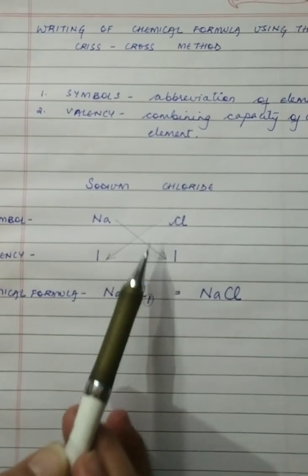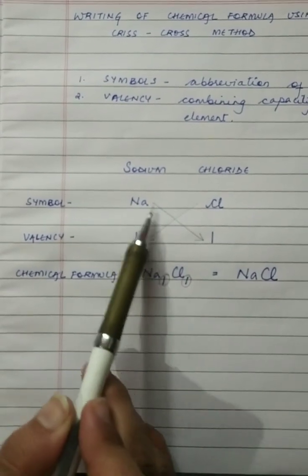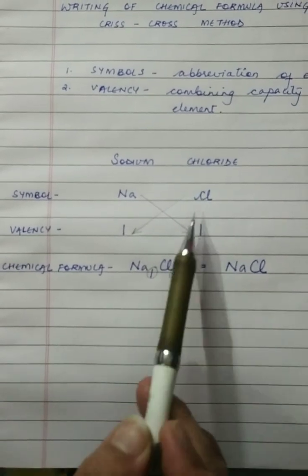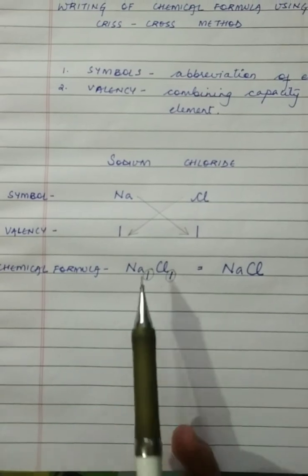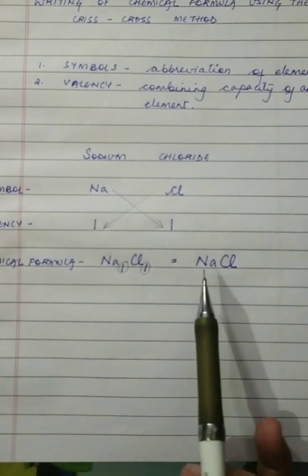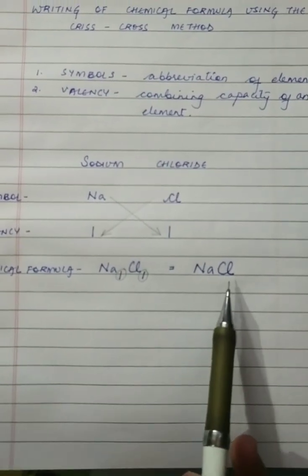Now crisscross. Next step, chemical formula. Na points towards number 1. Chloride also points towards number 1. And when it is 1, we do not write anything. So the chemical formula of sodium chloride is NaCl.